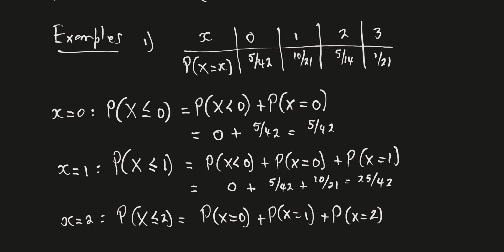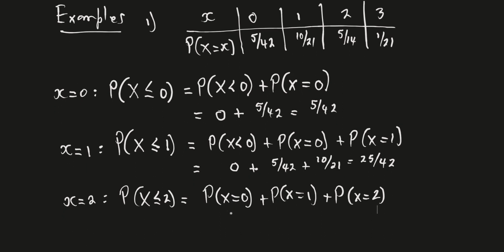So we're now adding this probability plus this probability plus this probability. So let's see, we have our 5. All of these are best written with the denominator of 42. That will make the addition easy. So then we have our 20 out of 42, and then 15 out of 42.